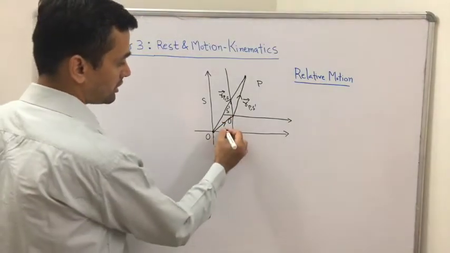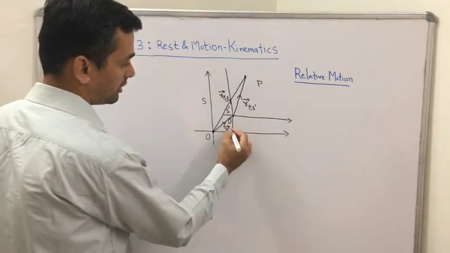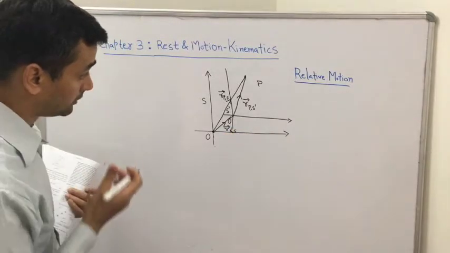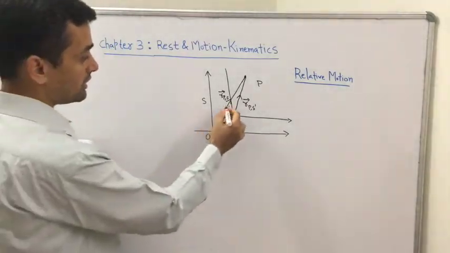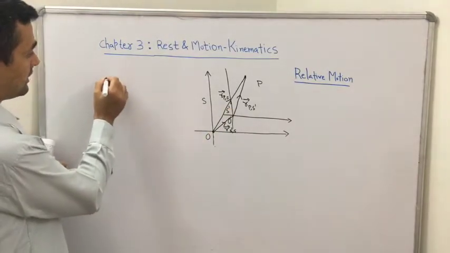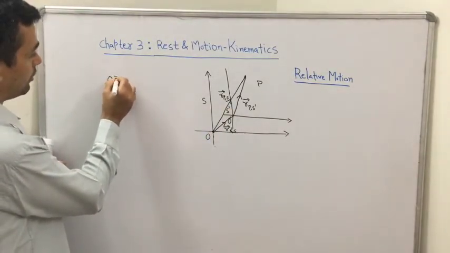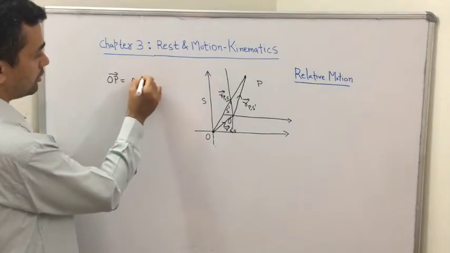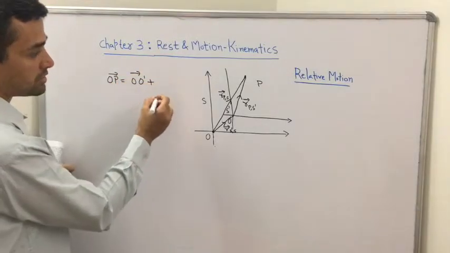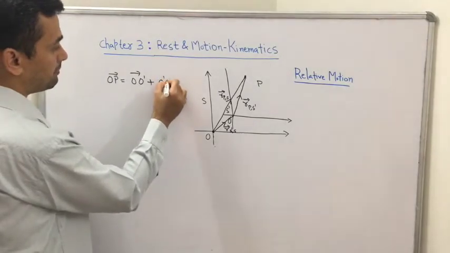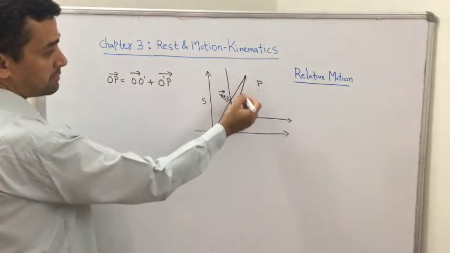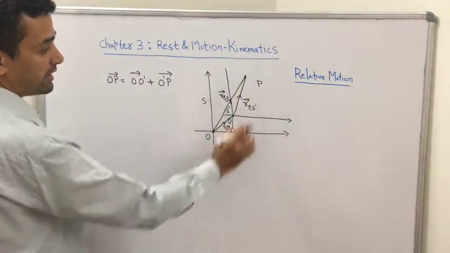Okay, which I call R S prime with respect to S. Okay, so now if you see, we can say OP is equal to OO prime plus O prime P. Okay, so this is by the simple triangle rule of vector addition.